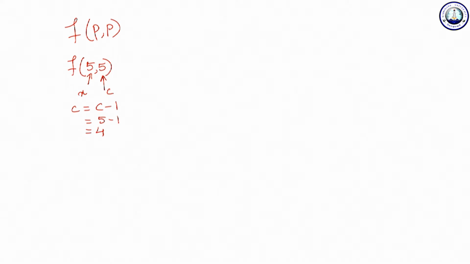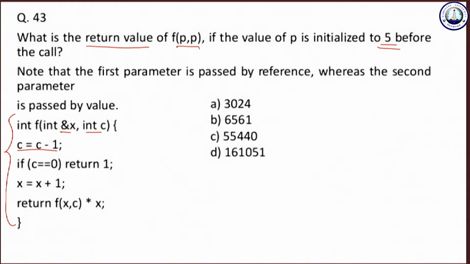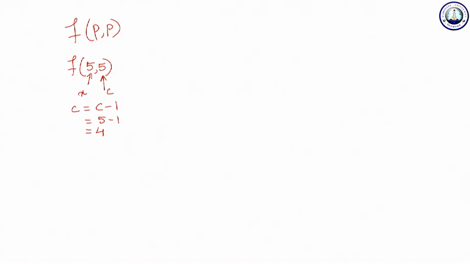Then your c is equal to 4, so this condition will not be satisfied. So, we go to the statement x is equal to x plus 1. Your x is 5, so 5 plus 1 is 6.